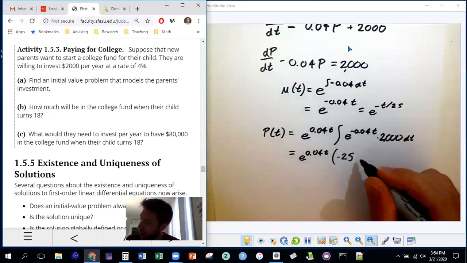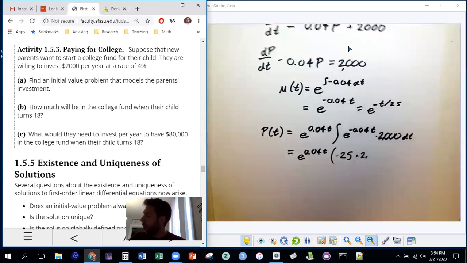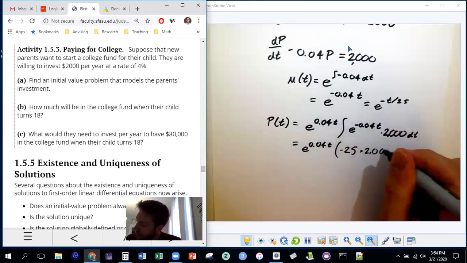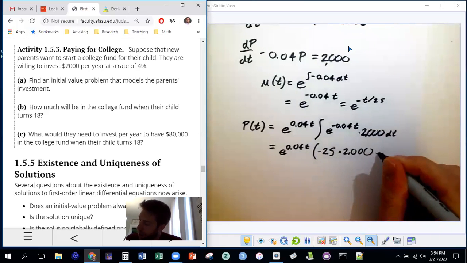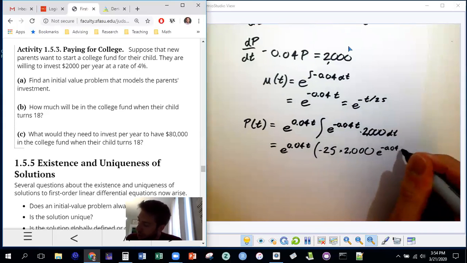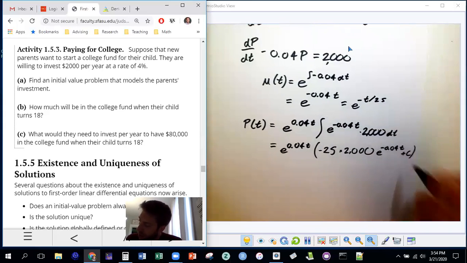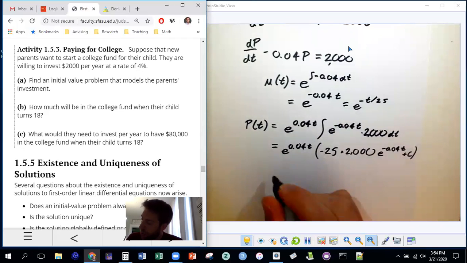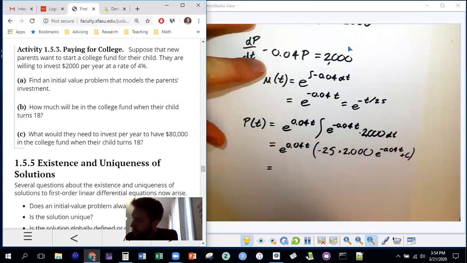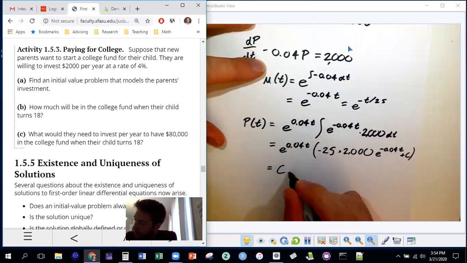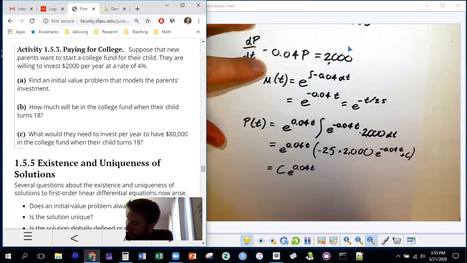So negative 25 times 2,000 times e to the negative 0.04 t plus C. Okay, so that's equal to C times e to the 0.04 t minus, and then that's just a constant.